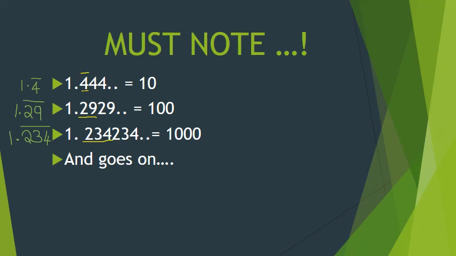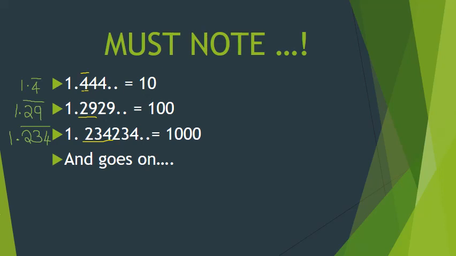So this is the first point you have to observe when converting a decimal into a fractional form. Now the second point: look at the first example, 1.444. Here the same number 4 is repeating.